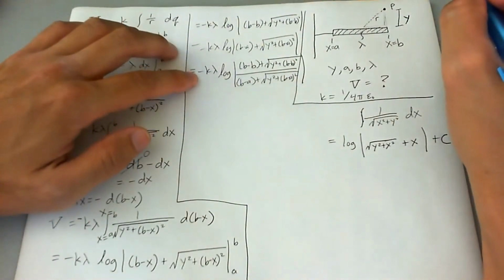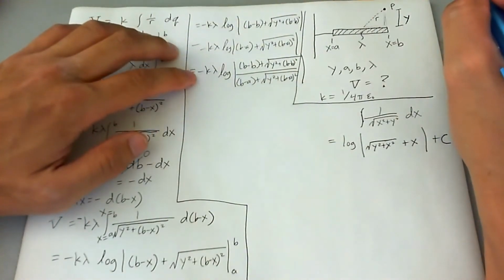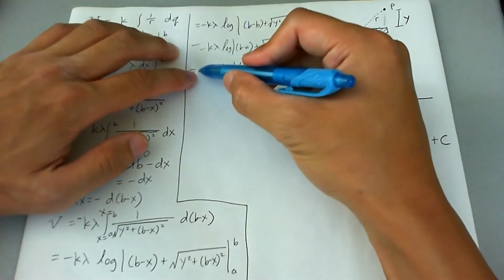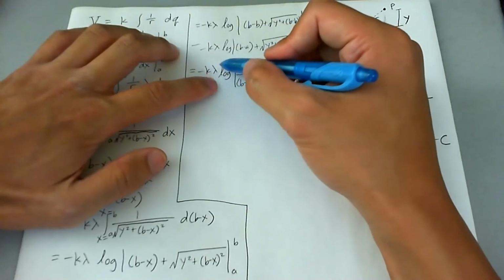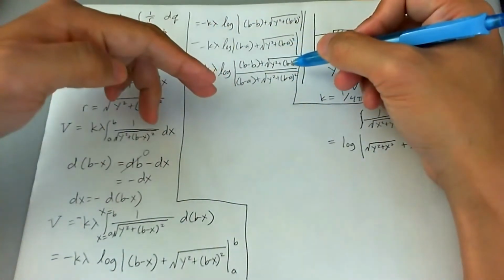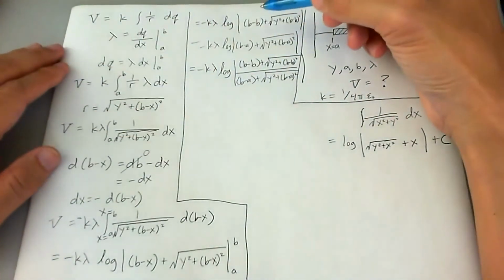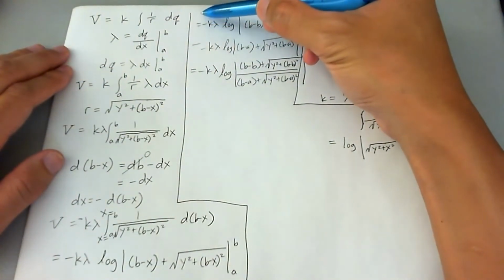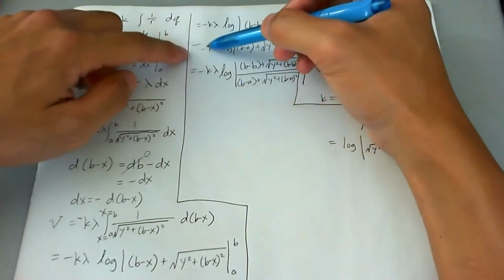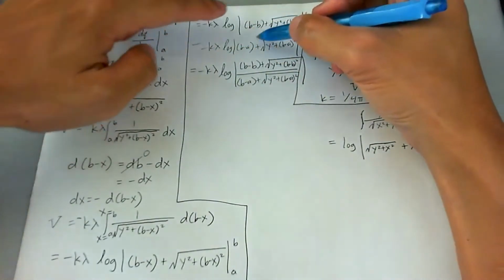Second thing we can do is take this negative and put it over to this log, so it's a negative log. And a negative log basically switches the argument around.